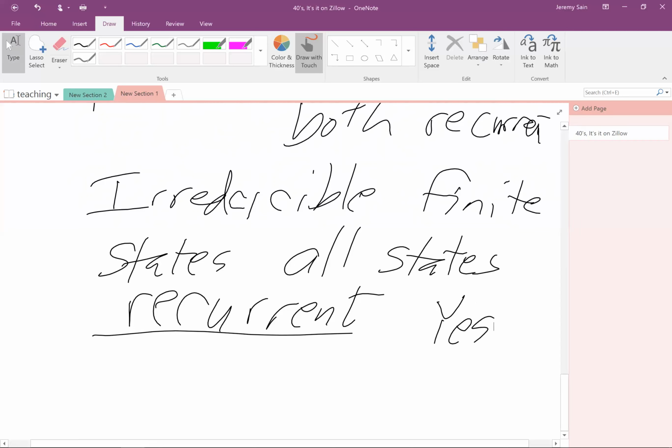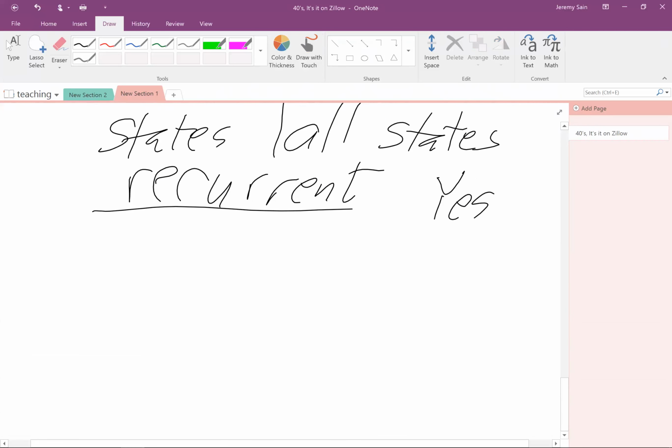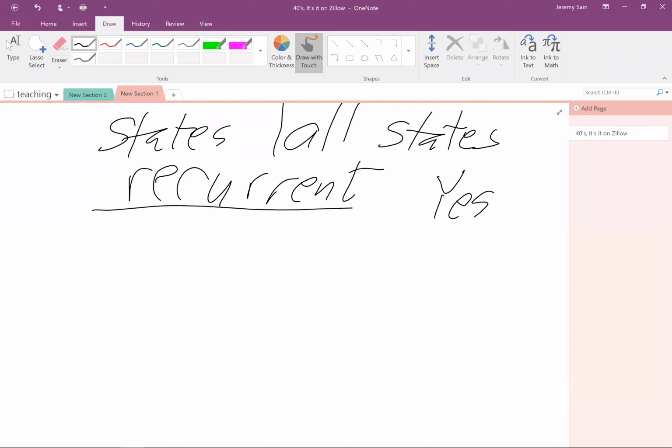So, all right. Something else that can happen in general that isn't going to happen in our problem, but just so you've seen these words, there is something called positive recurrent versus null recurrent.